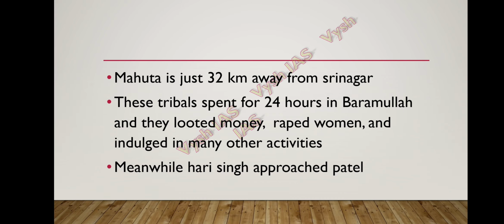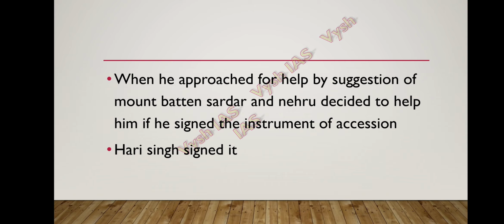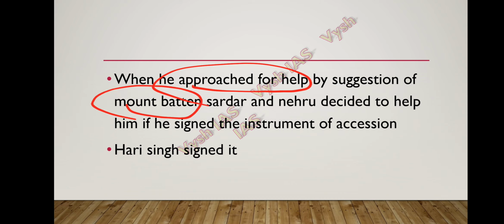Meanwhile, Hari Singh approached Sardar Vallabhbhai Patel and Nehru. When he approached for help, because of the suggestion given by Mountbatten, Nehru and Sardar decided to help him if he signed the instrument of accession.